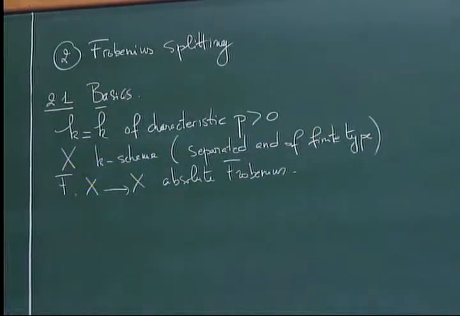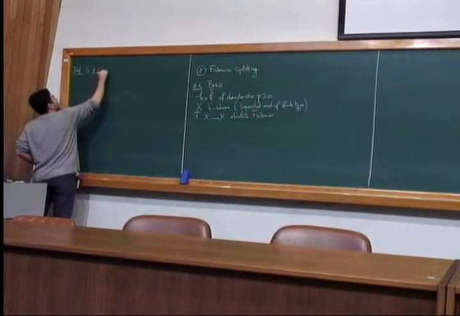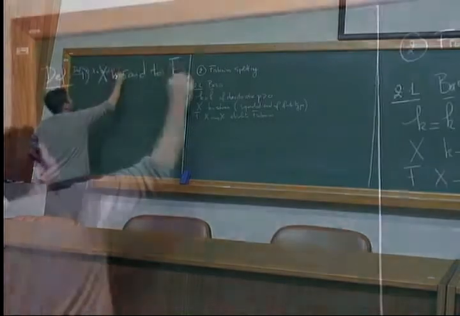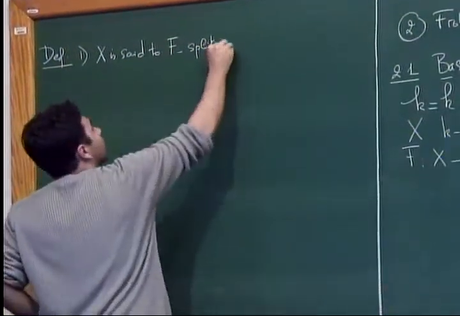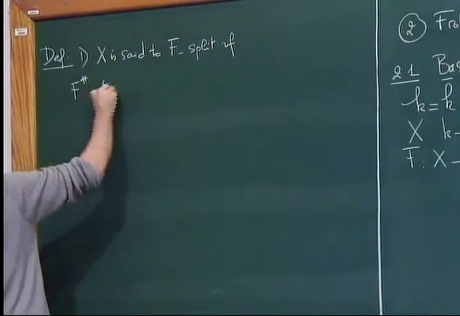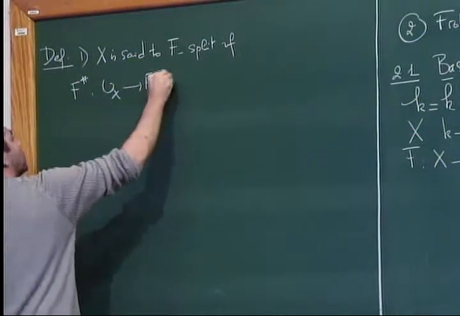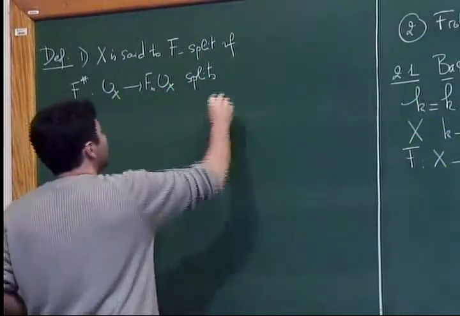So let's say I'm going to write the definition there. So the main definition is, first, X is said to be F-split, for Frobenius split, if the pullback morphism from OX to the push forward of OX splits as a map of OX-modules.